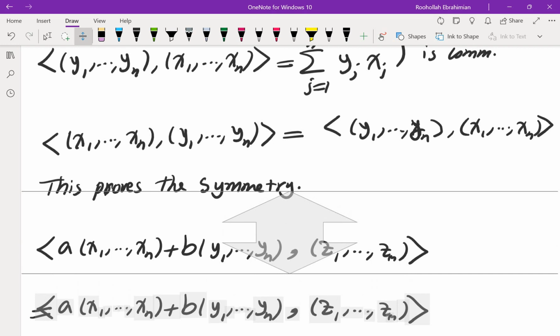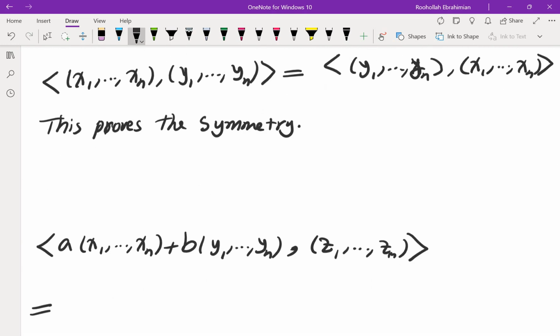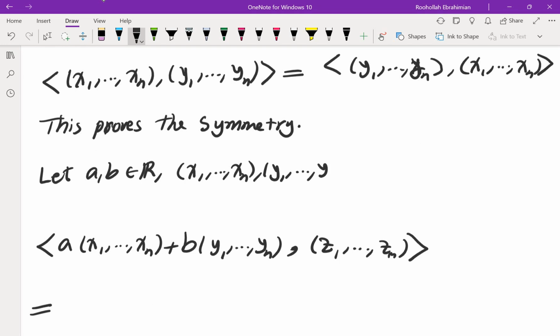What is x1, what is x2, what is a, what is b, etc. So let a and b be real numbers, and x1 through xn, y1 through yn, and z1 through zn be vectors in Rn.